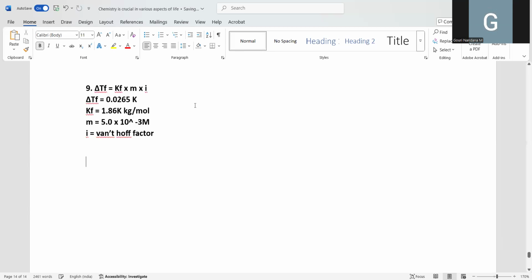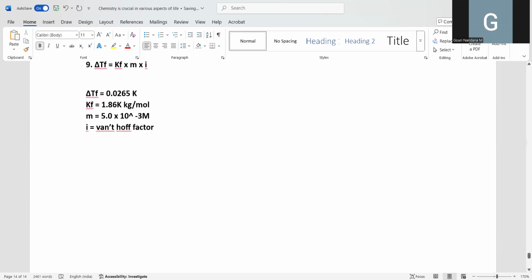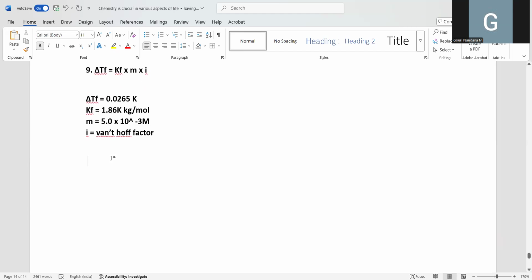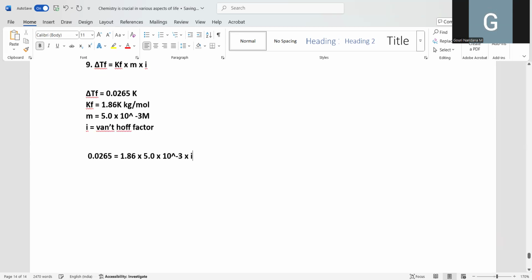Delta TF is equal to KF into M into I. So now substituting the values, 0.0265 is equal to 1.86 into 5.0 into 10 raised to minus 3 into I. Now, we can find I from the above equation, right?